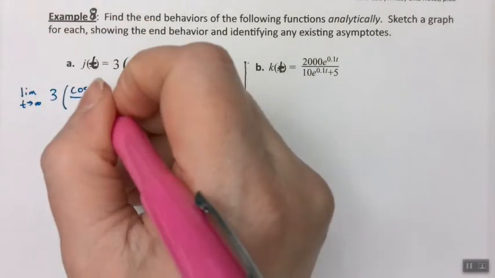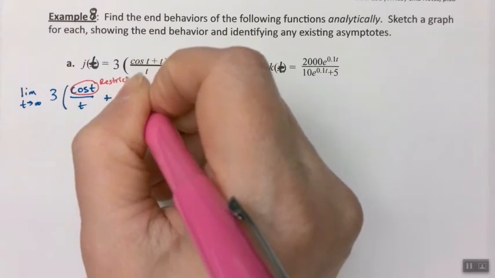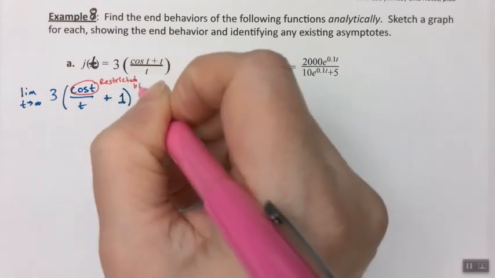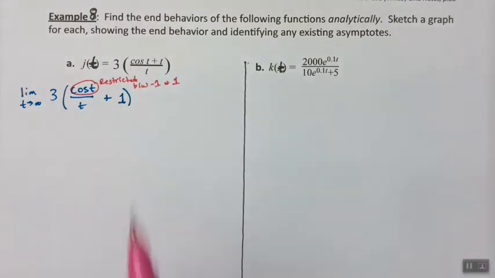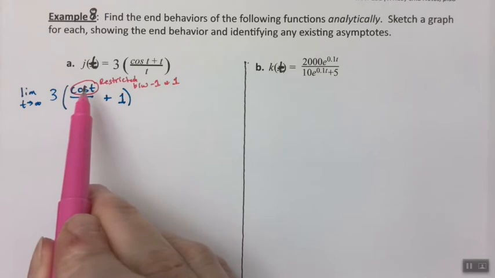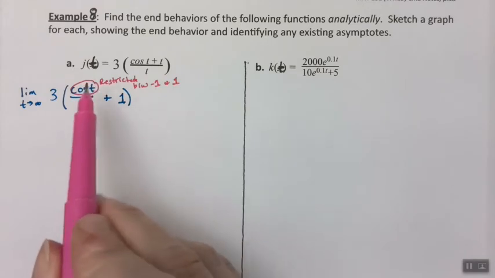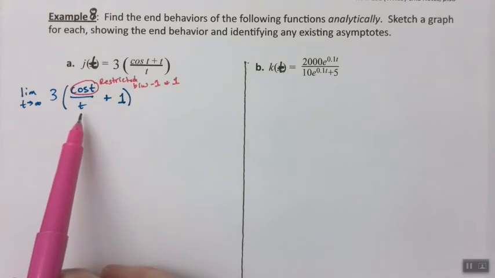So this right here, this cosine of t, is restricted between -1 and 1. Right? It can never go lower than -1, never go higher than +1. It just can't. But I'm taking whatever number that is, 0.5, 0.25, 0.75, square root of 3 over 2, whatever, and I'm dividing it by infinity.